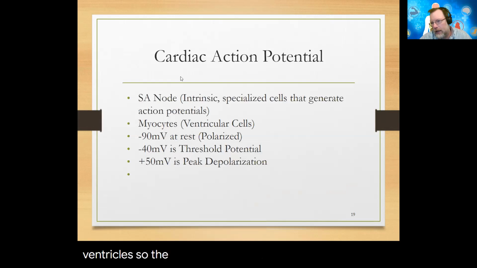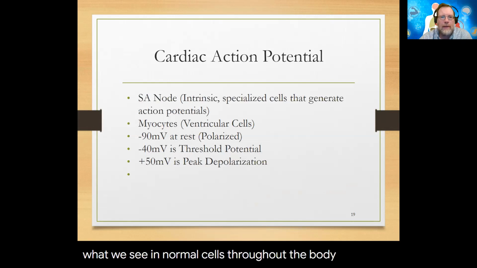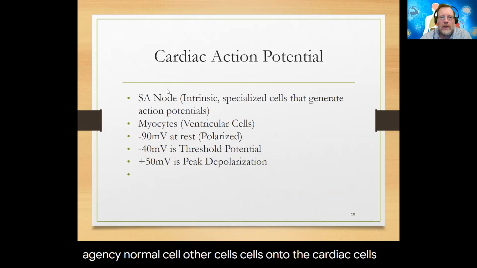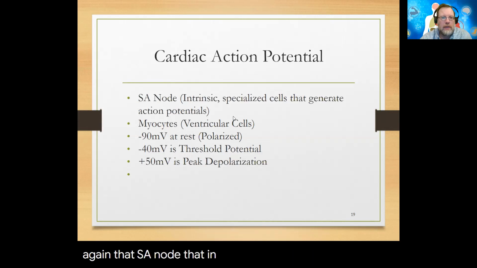So the cardiac action potential is very similar to what we see in normal cells throughout the body, or I shouldn't say normal other cells, cells other than cardiac cells. Again, that SA node, that intrinsic specialized group of cells that are able to generate the action potential.